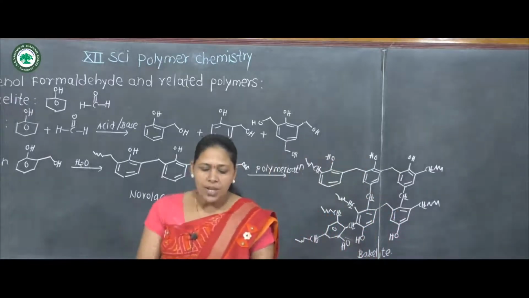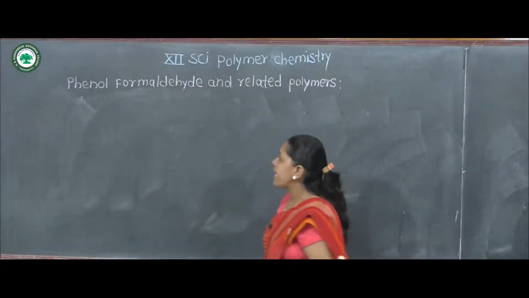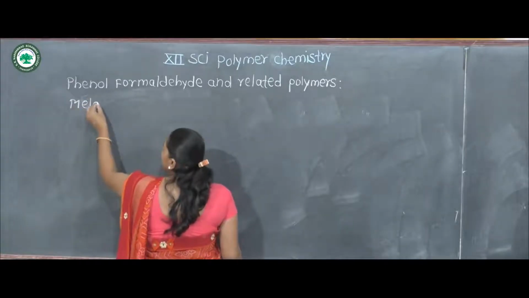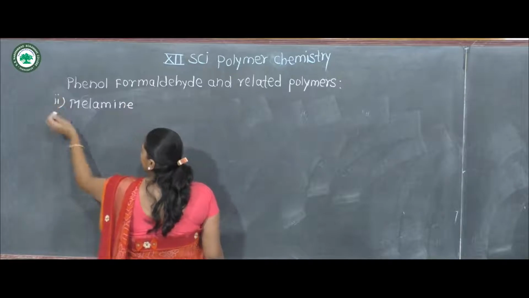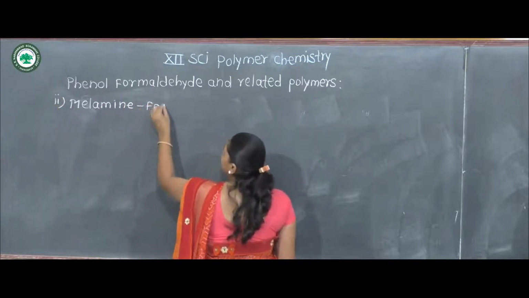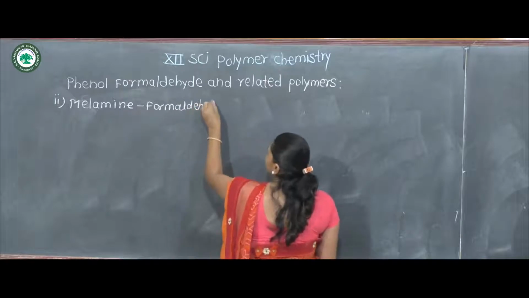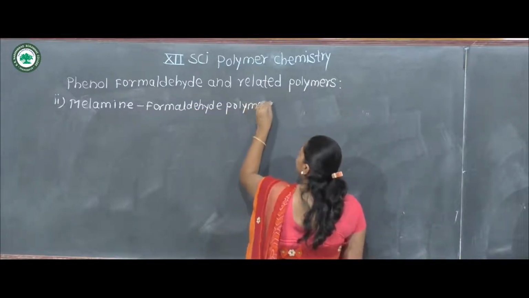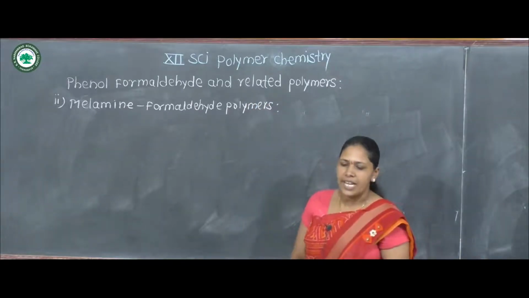Then the next polymer is melamine formaldehyde. It is also a phenol formaldehyde type of polymer. Second is melamine formaldehyde polymer. Monomers are melamine and formaldehyde.